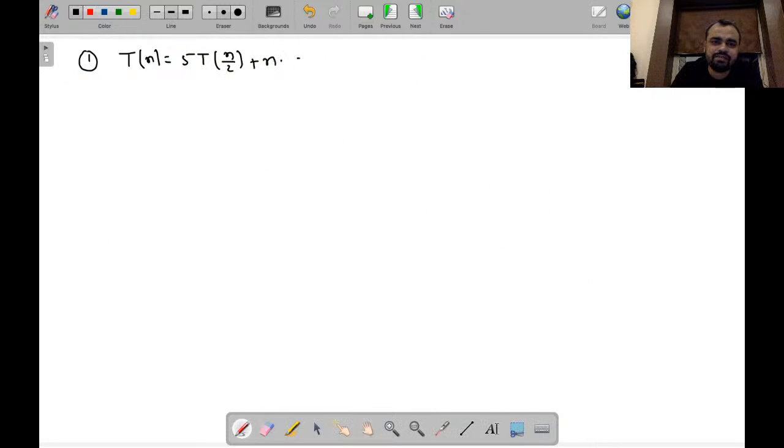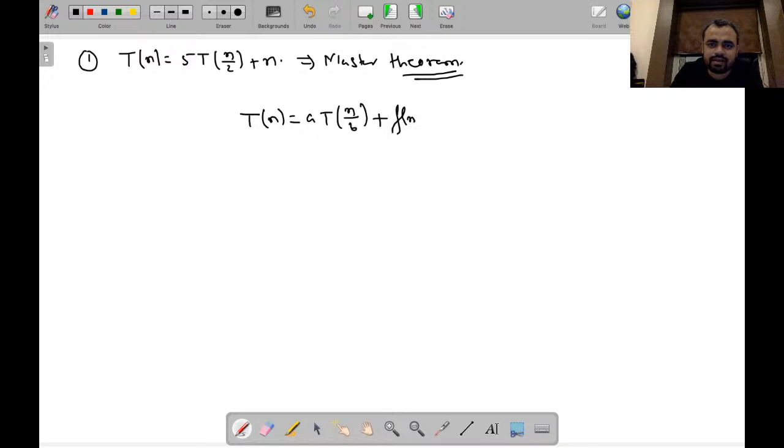So my dear friends, here we will apply the master theorem. How does the master theorem work? If a recurrence is given in this form, T of n equals a T of n by b plus f of n, then we can apply the master theorem.